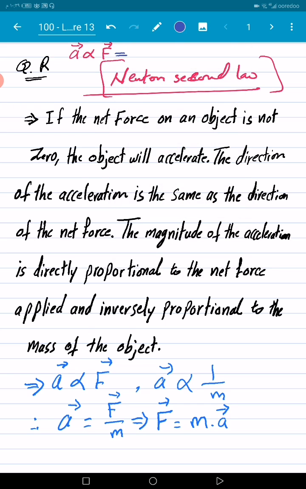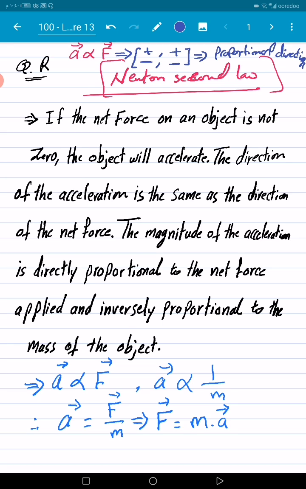If the applied force is more, the acceleration is more. If the applied force is less, the acceleration will be less. What kind of relation is this? It is direct proportion. That means if one increases, the other increases, and if one decreases, the other decreases.